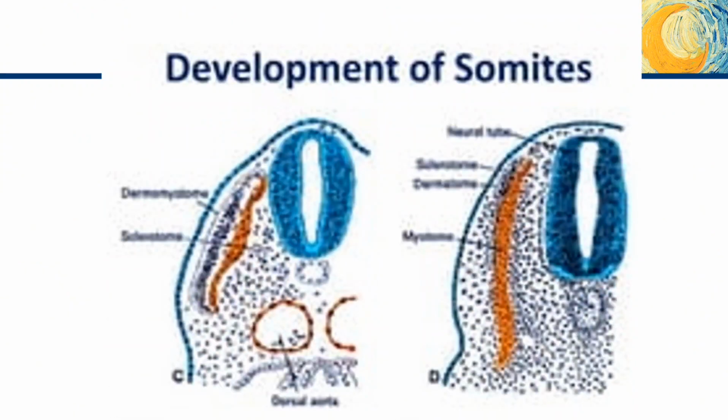During further stages of somite development, you can see the cells forming the sclerotome have changed their character from epithelial to mesenchymal. They surround the developing neural tube and notochord, and they will form the cartilage, the tendons, and the bone component of that particular somite. The myotome will form the muscle component, and the dermatome will form the dermis of that area.